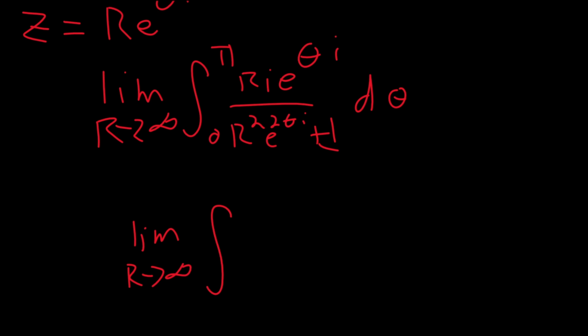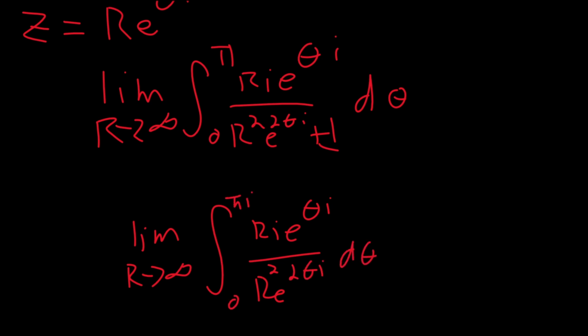If you've done some pre-calculus or calculus, you might be familiar with this idea where you only really care about the highest order coefficients. So we can express this then as the limit of r i e to the theta i over r squared e to the 2 theta i d theta, from 0 to pi.